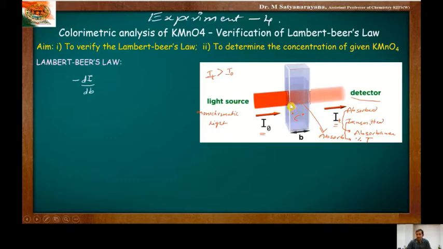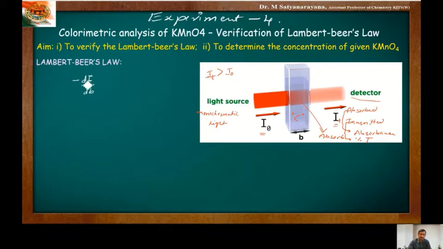B. B means the distance the light travels through the solution. That is called path length. The minus symbol represents the decrease in the intensity.